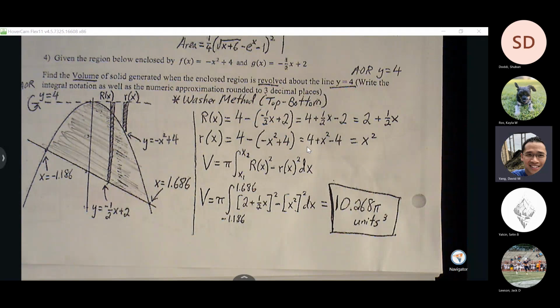Hit enter. So now let's say I want to find that intersection between the curve and the line. We can do second trace, intersection. It's asking for the first curve, the second curve.